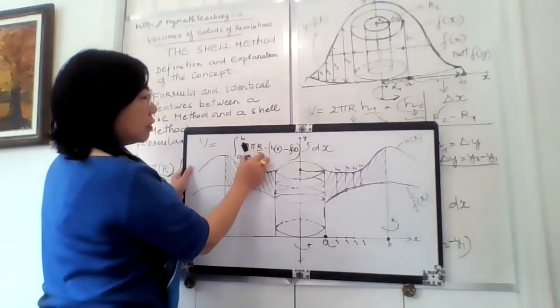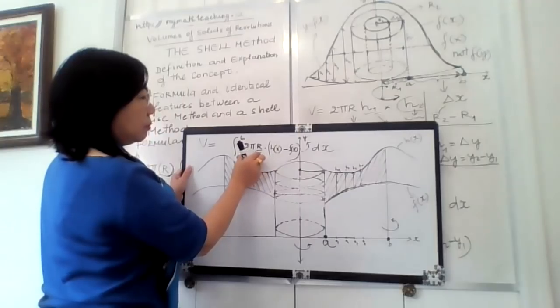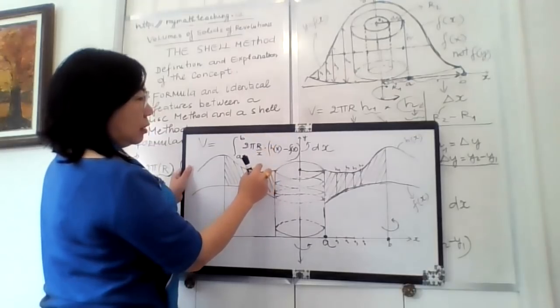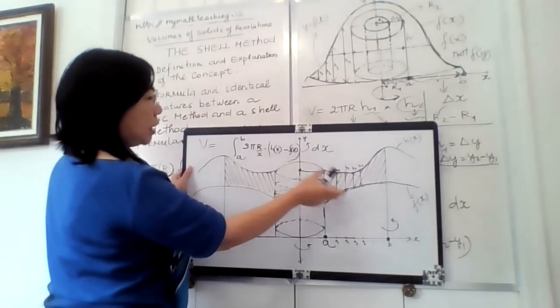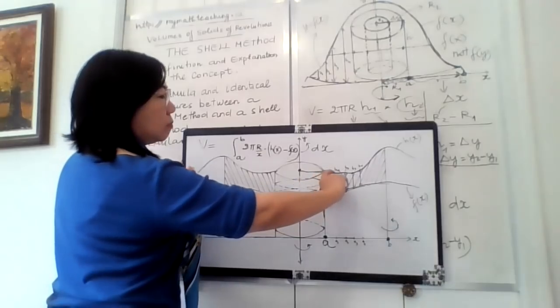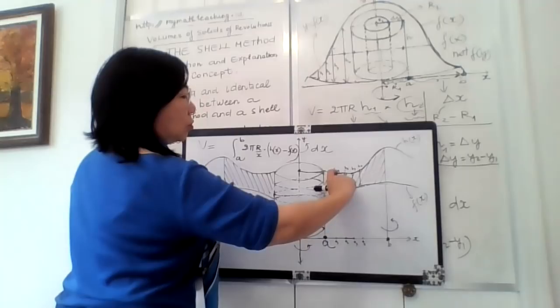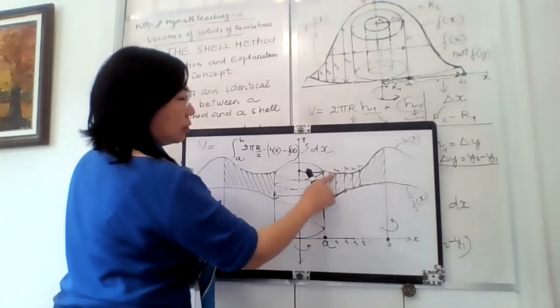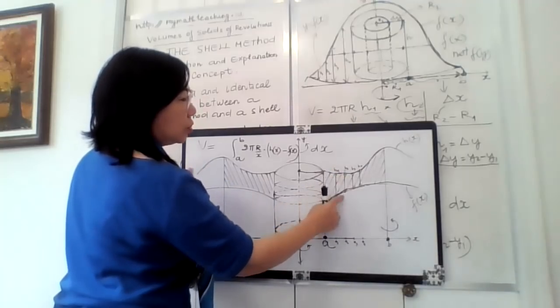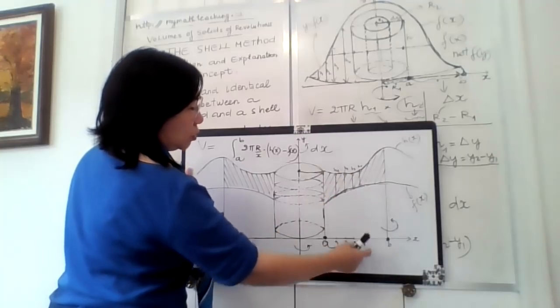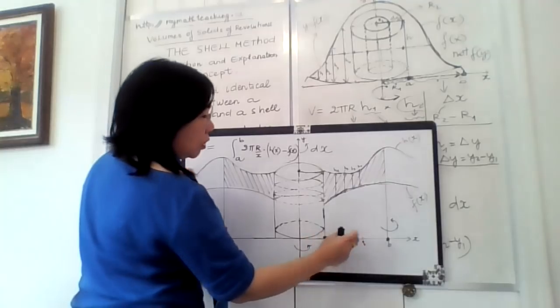And you use the surface area of a cylinder, which is 2 pi r times h, and our h turns out to be the height changing between these two functions. So here is h1, h2, h3 according to x1, x2, x3.